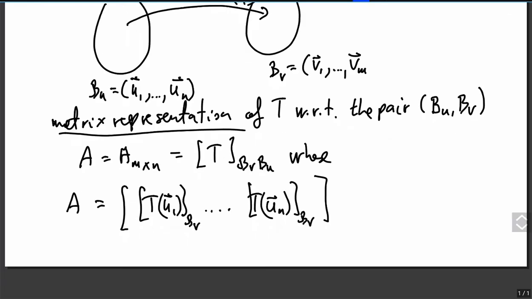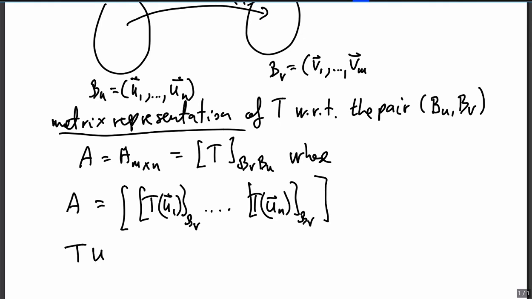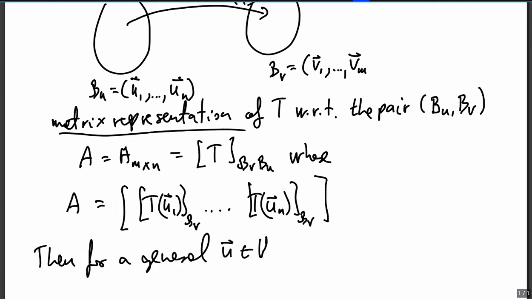And the reason why it is nice to use this matrix representation is because then what we have is that in general, for a general vector u in the U vector space, we can write the image T(u) of this vector in the V vector space with a coordinate matrix that equals A times the coordinate matrix of the u vector in the U space.